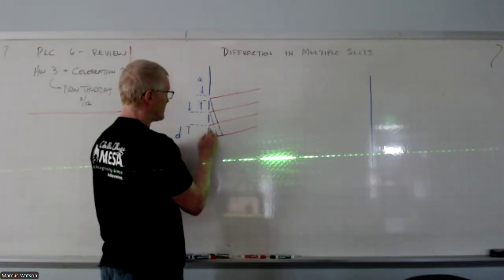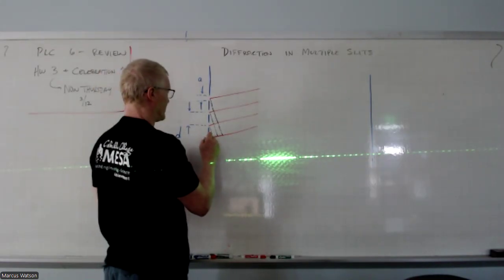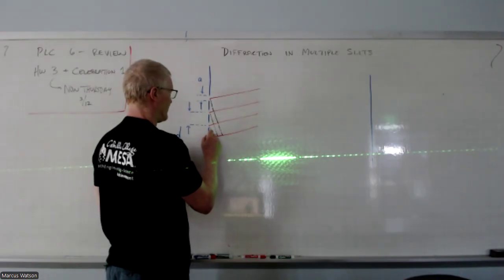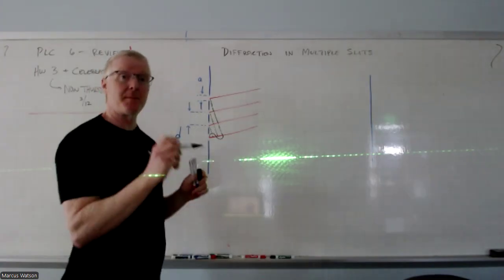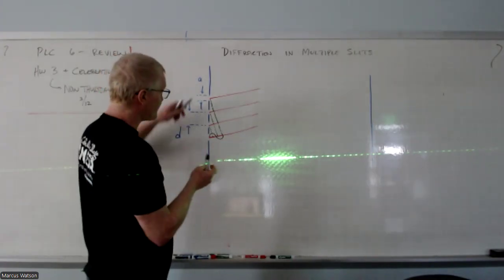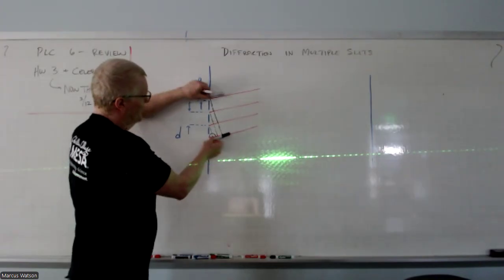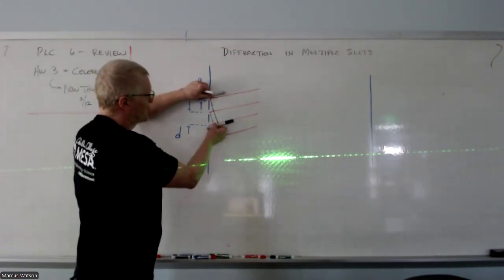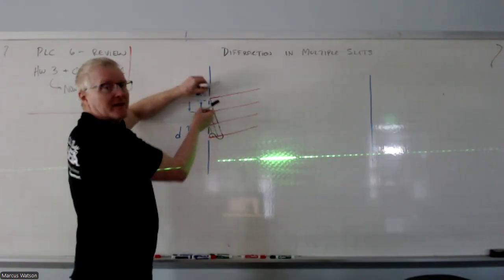Now let's go to the outer ones being one full wavelength apart from each other, which means that here I have one full wavelength in the path length difference between the top and bottom slits. That means I'm going to have one full wavelength between here and here. That means I'm going to have 2/3 of a wavelength between this one, 1/3 of a wavelength between these ones.